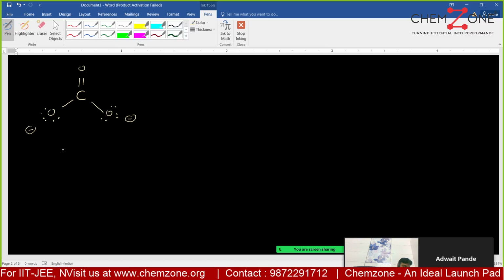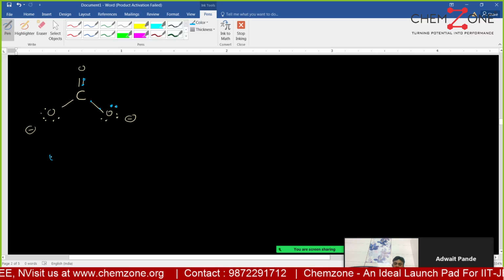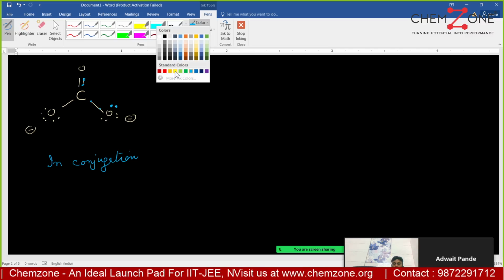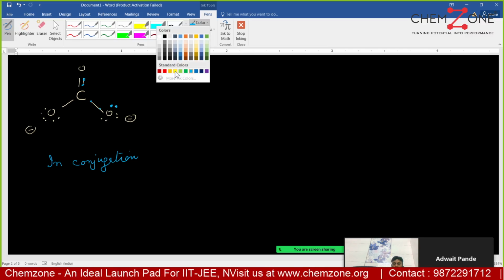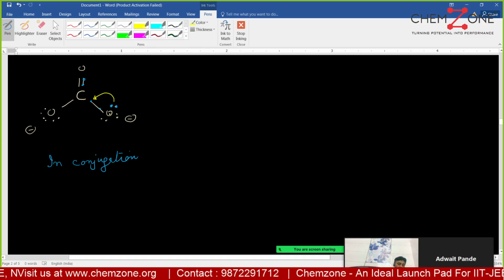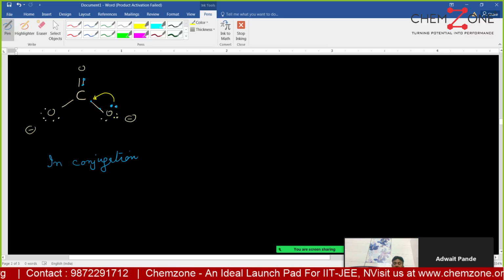Okay. Now you can see that this lone pair and this pi electron are separated by a single bond only. We say these are in conjugation. They are separated by one single bond.